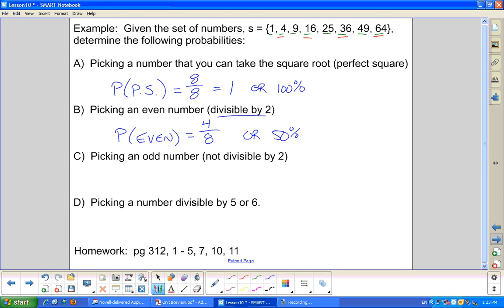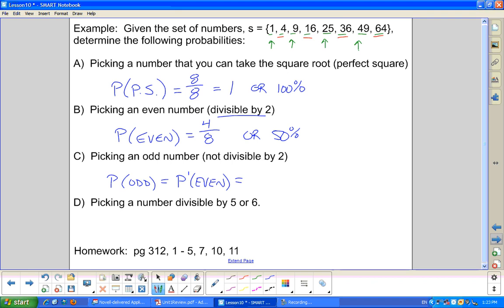Picking an odd number. Now, picking an odd number is the same as saying it's not even. So I'm doing this one a little bit differently. You can still go through and count all your odd numbers: a 1, a 9, a 25, a 49. To save yourself some time, odd is the opposite of even.